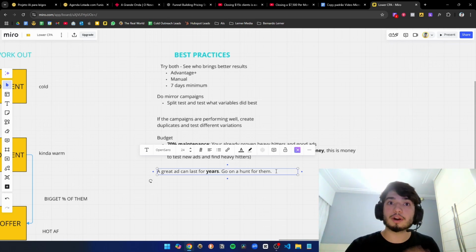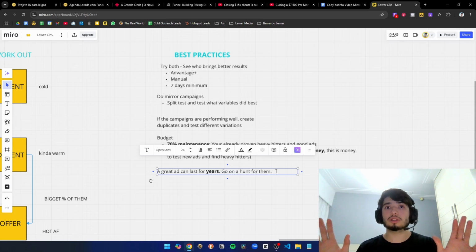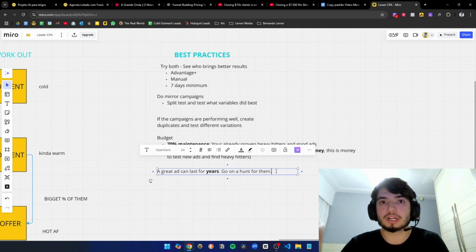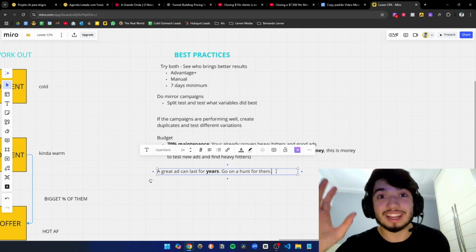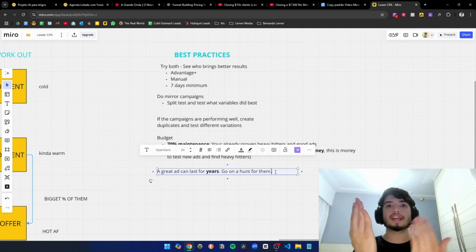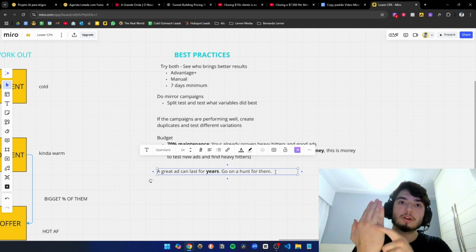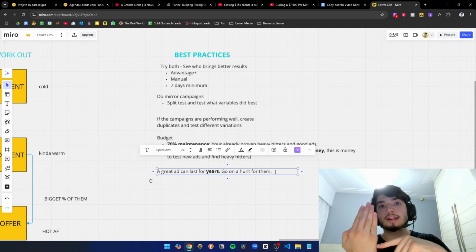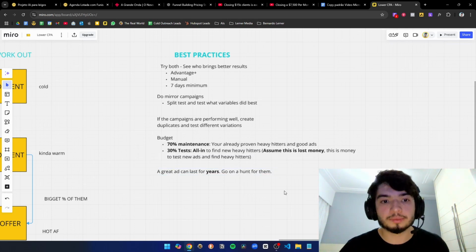Because if it's working, if it's bringing revenue in, you shouldn't deactivate it because it's old. If it's bringing money in, who cares? Just keep it running. And as I've said, duplicate it and twist some variables to get an even better ad than the previous one. So that's what you should be doing.